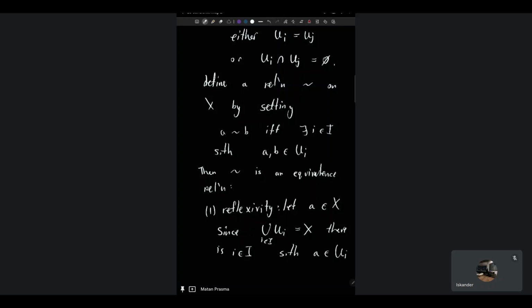Right? What does it mean to take the union of a collection of sets? It means I look at all elements that belong to at least one of the sets in the union. So if the union is X, then it means that for any element in the ambient set X, there exists some U_i which it came from.